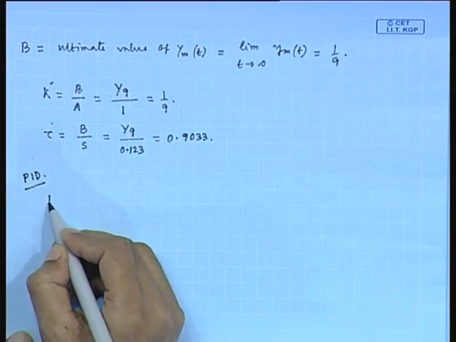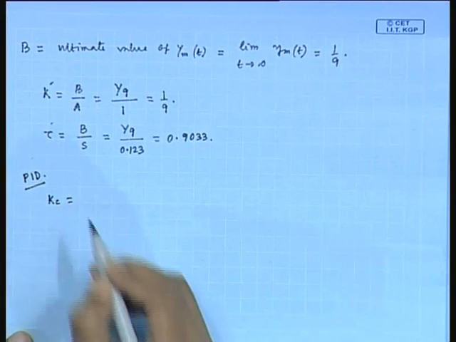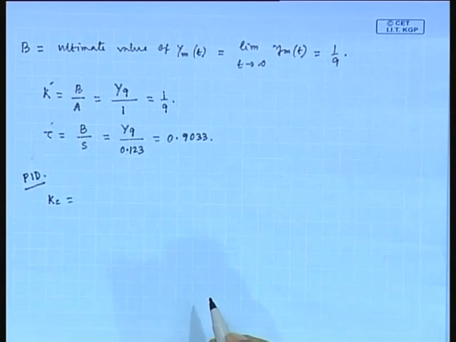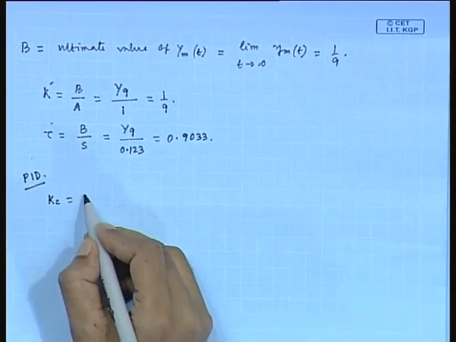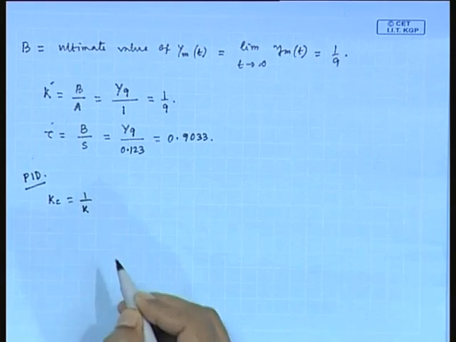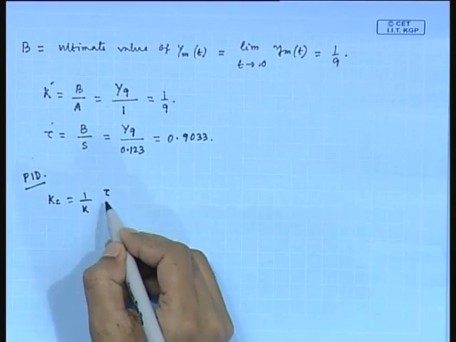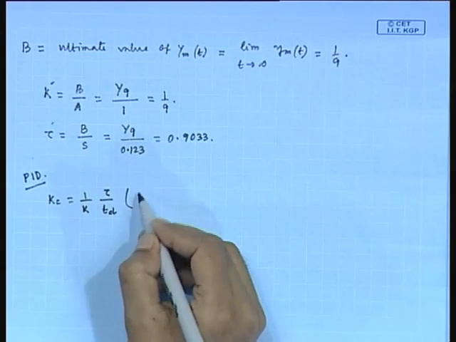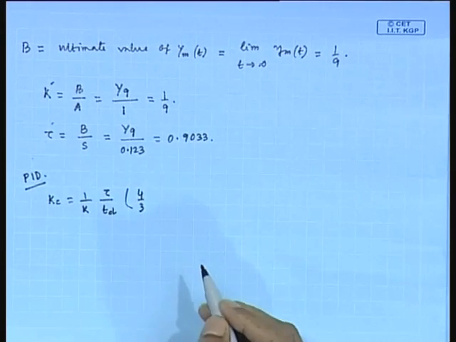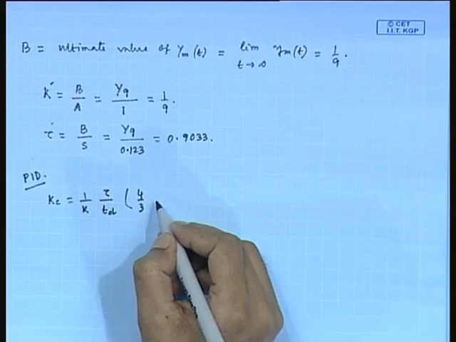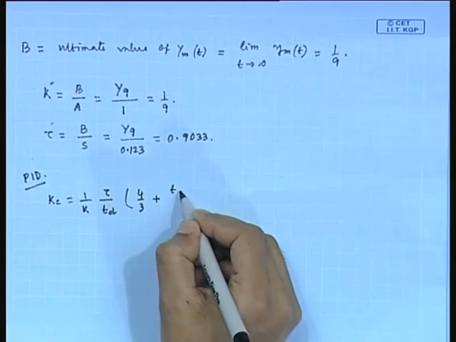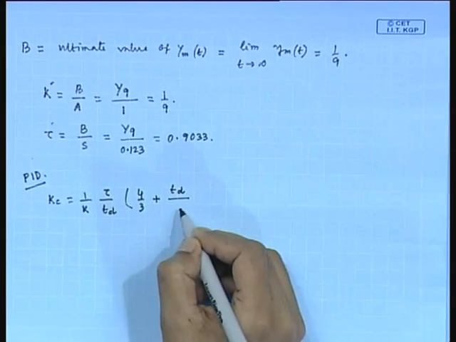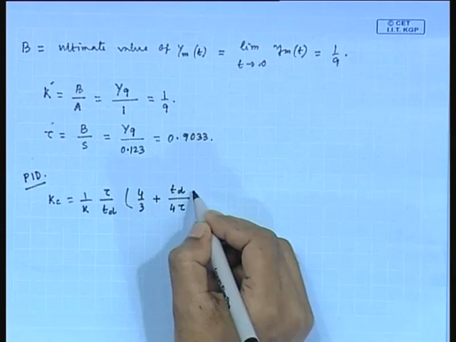For the PID controller, the expression for Kc is represented as Kc equals 1 by K, tau by Td multiplied by 4 by 3 plus Td divided by 4 tau.